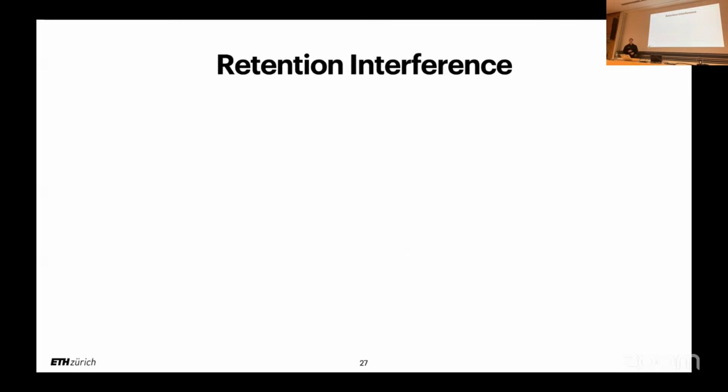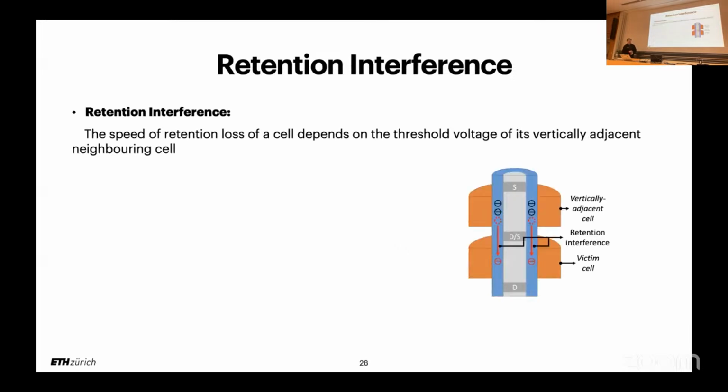Now, retention interference. This is exactly the phenomenon that charge leaks from a vertically adjacent cell into its neighboring cell at the bottom. Retention interference is specifically how this affects retention loss, and retention loss is charge leaking over time.